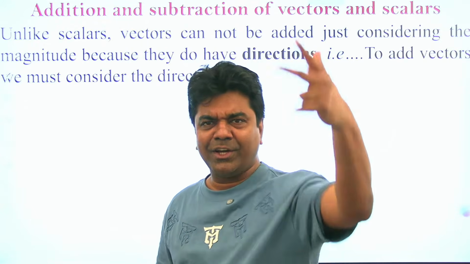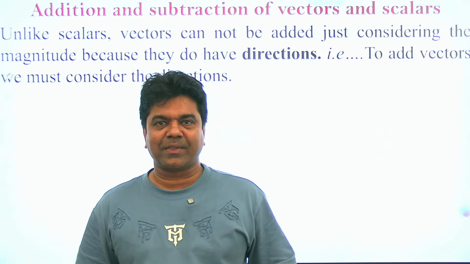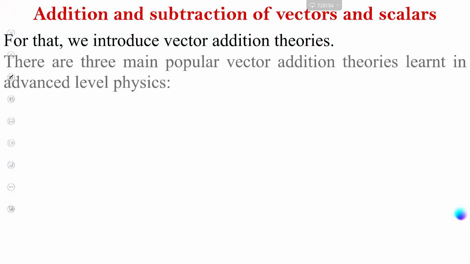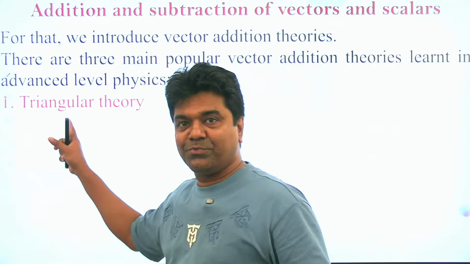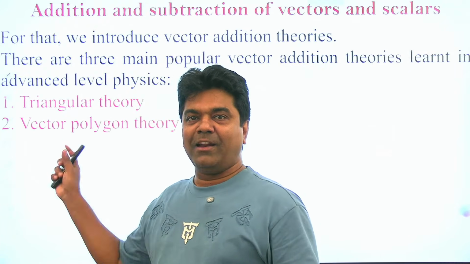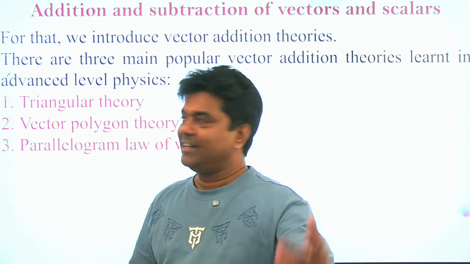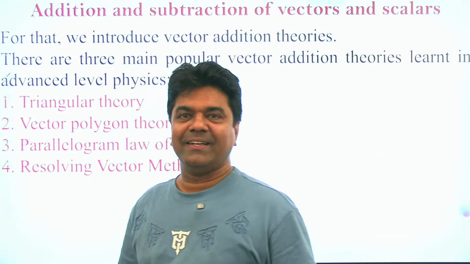That's the kind of method we use. There are a couple of methods in our syllabus: the triangular theory of vector addition, the parallelogram theory of vector addition, the polygon theory of vector addition, and the resolving vector method.